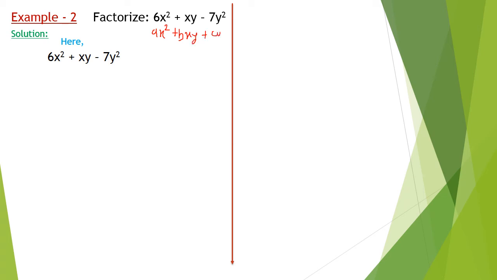If we think like that, then we can easily find that a is 6, b is 1, and c is minus 7, isn't it? So let's quickly move to the working part. a is equal to 6, b is equal to 1, and c is equal to minus 7. Now the product ac is minus 42, which is negative.